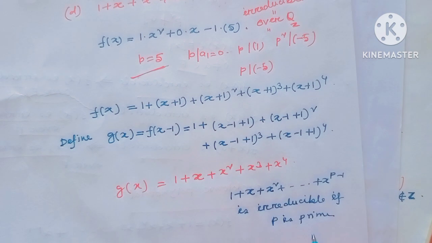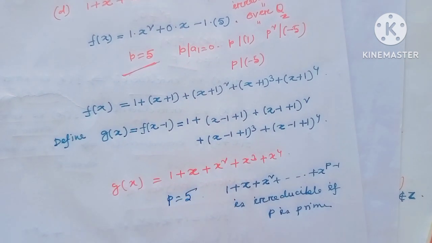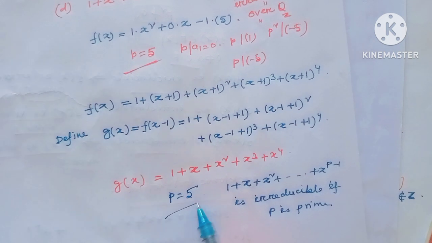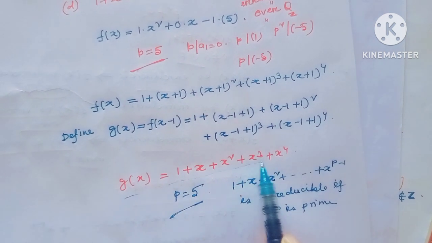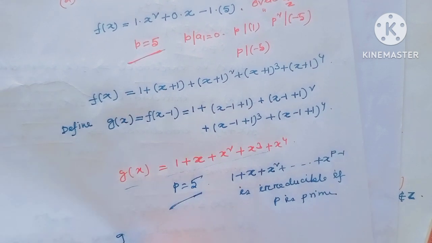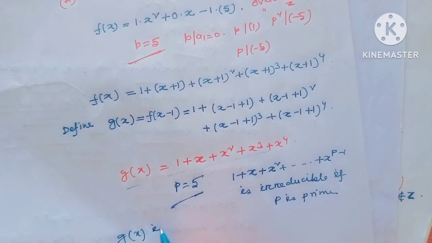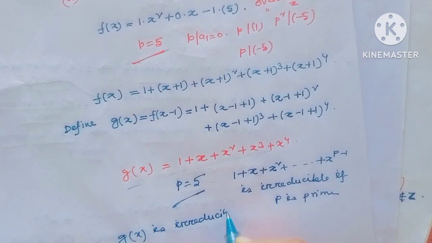Since here p equal to 5, and 5 is a prime number, this polynomial g(x) is irreducible. g(x) is irreducible over Q.